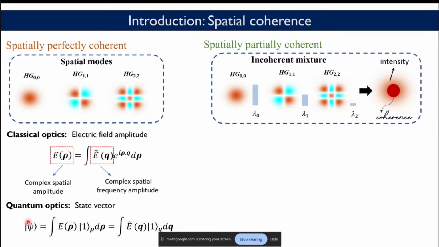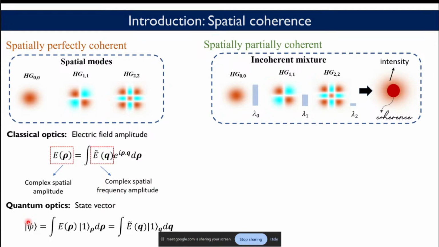So the representation that we do in classical optics with the electric field amplitude, in the single photon case, this similar representation works by the name of wave function or complex amplitude. So that's for the perfectly coherent case. For the partially coherent case, we represent it not by the electric field, because now there is a mixture of them. So we represent it with this 2-point correlation function, which I introduced earlier.